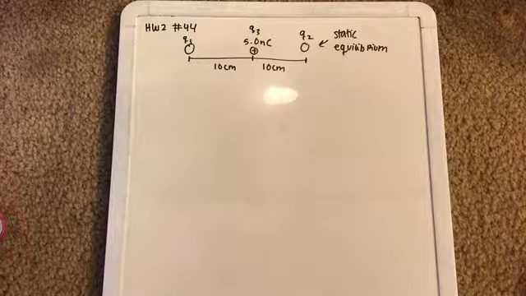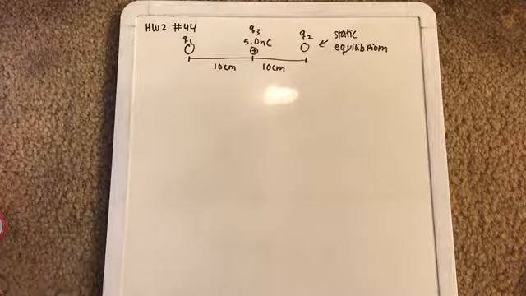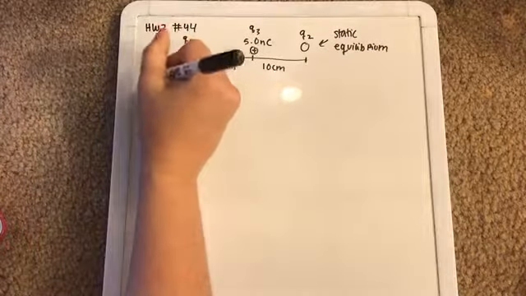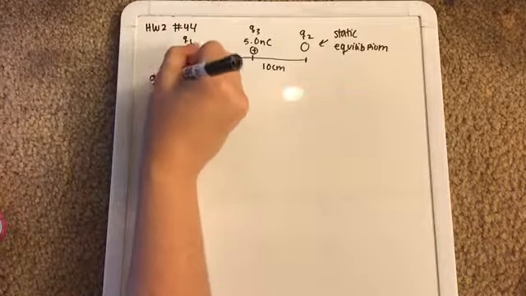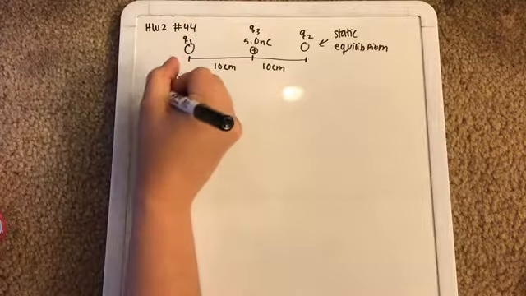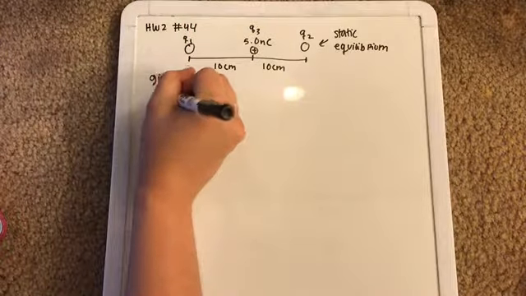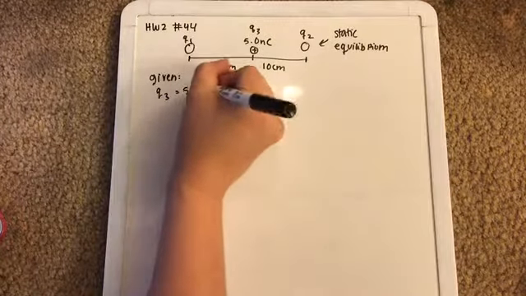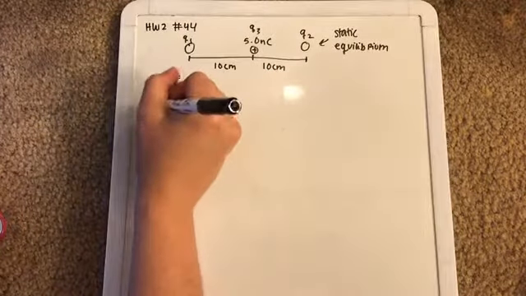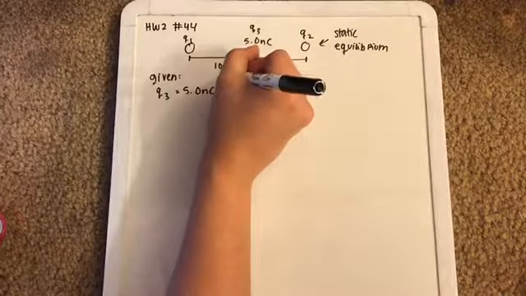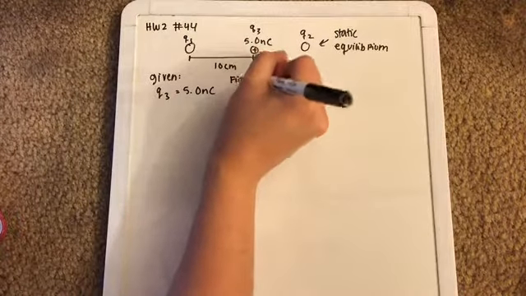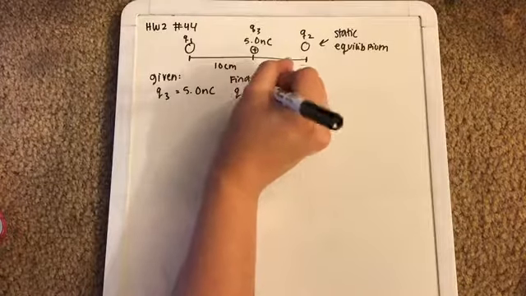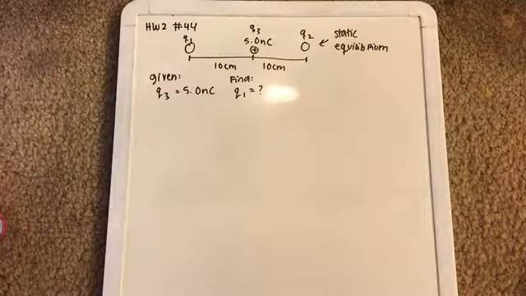Okay, so the first thing that I did was write down my knowns and unknowns. So we're given that Q3, this one I labeled, is 5 nanocoulombs, and in this problem we are trying to find what Q1 is.